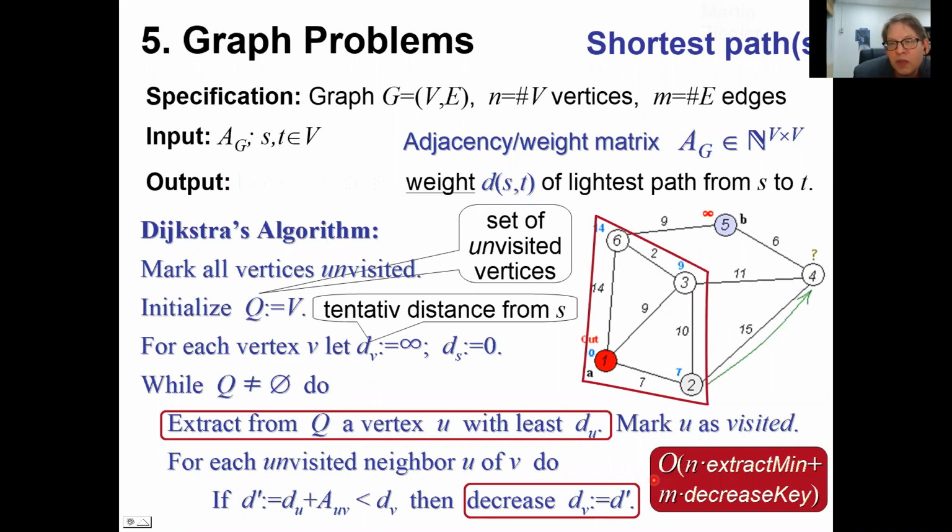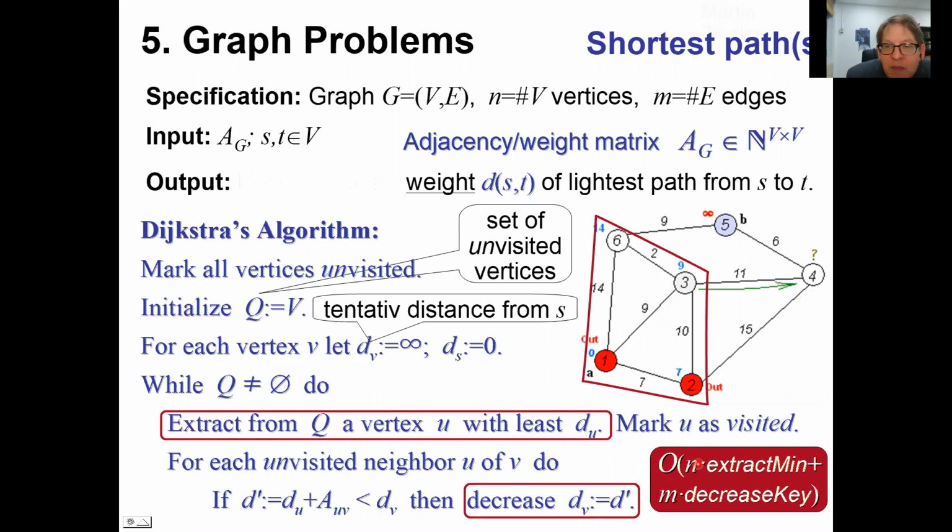So that's linear cost for the extract min operation when implemented as a simple unsorted array. And the decrease key operation has constant cost in this case. We just need to decrease the value in that array position, which has constant cost. This results in an overall cost of n times n, right? n times the cost of extract min in an array plus m times constant. So that returns our initial naive analysis of Dijkstra's algorithm: n squared.